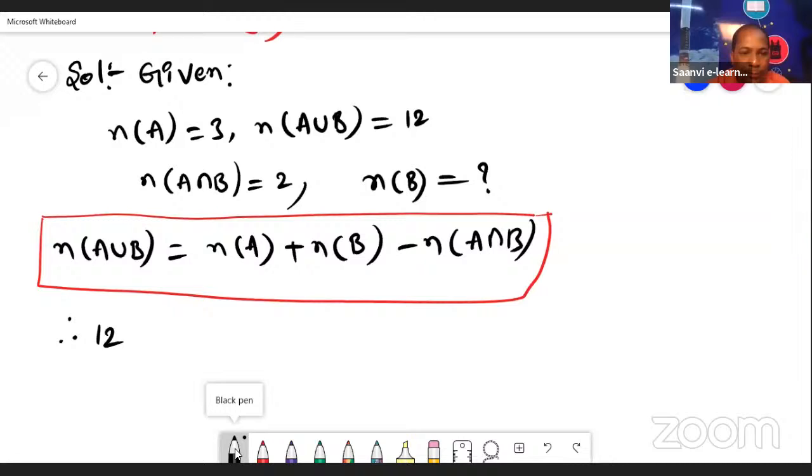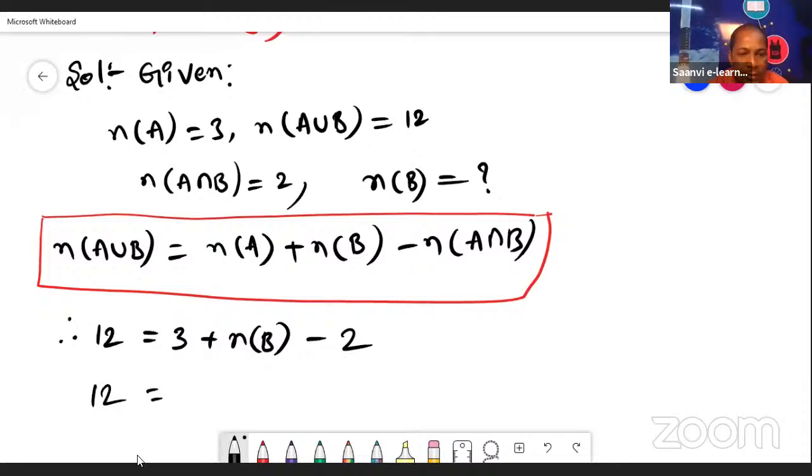Write 12 is equal to n of A, which is 3, plus n of B, not given, this we have to find out, so write n of B as it is, minus n of A intersection B, which is 2. Now simplify this.